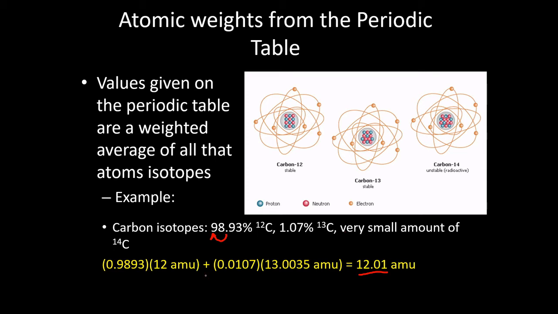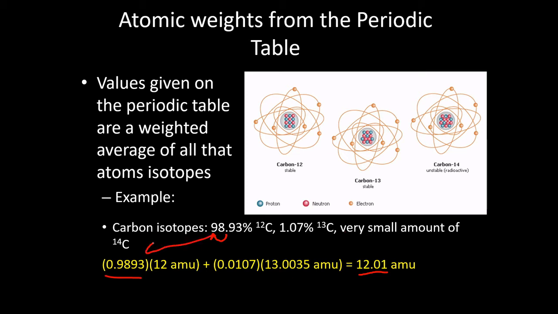So for carbon, for example, because 98.93% of carbon is carbon-12, which has a mass of exactly 12 AMU by definition, and because we have 1.07% of carbon-13, which has a mass of 13.0035, we just take those relative abundances.